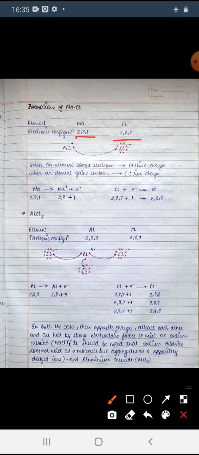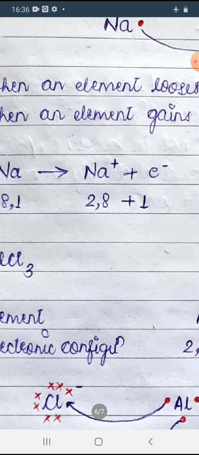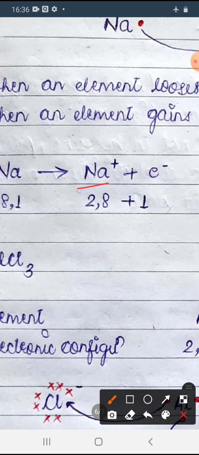So here after gaining and losing of electrons, the electronic configuration will be in this manner. When sodium loses its electron, what is formed is Na+ and an electron.